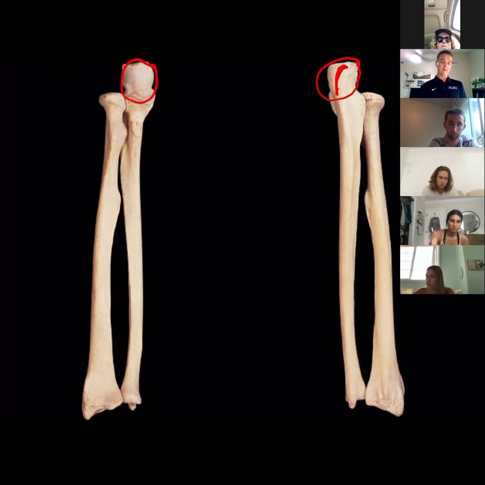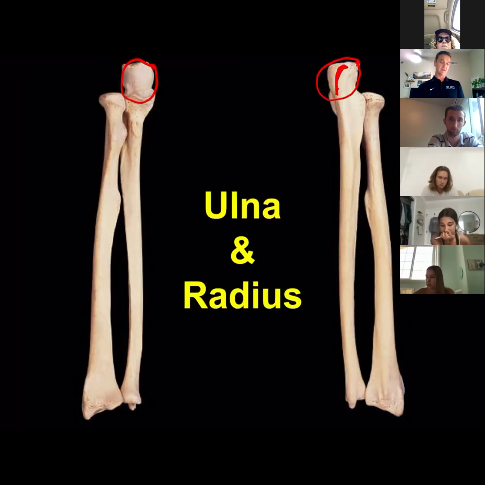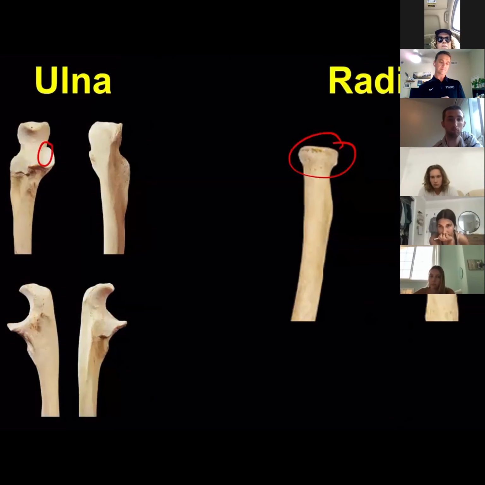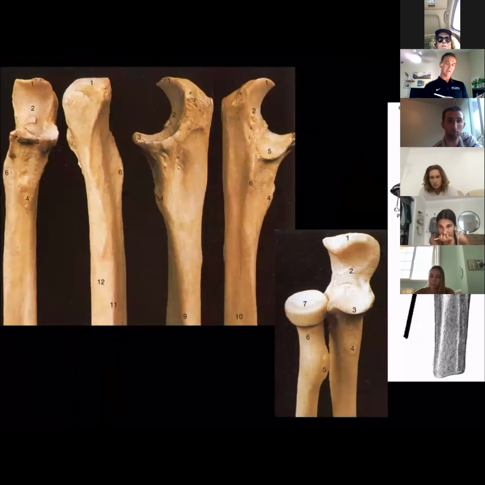Another interesting feature of the ulna and the radius are a couple things here. This is called the head of the radius. There's a little radial notch right here that we'll talk about in a second. Here's the radial notch, and you can see that radial head sits right in the radial notch of the ulna.